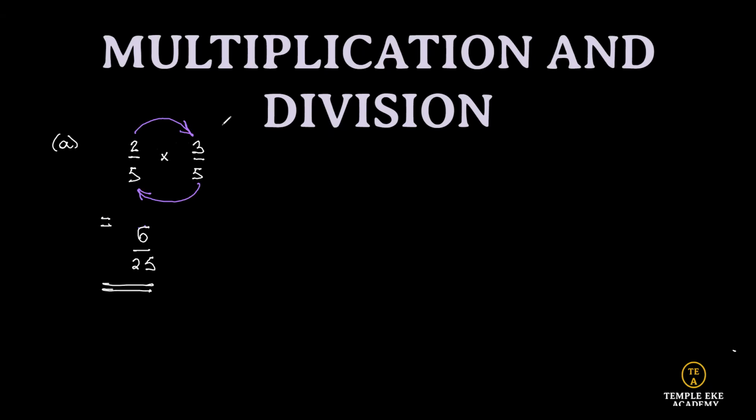Let us look at another example, B. The second example, we have 5 over 12 divided by 3 over 8. Beautiful. And now here comes the division sign. So we have to change division into multiplication and invert the fraction on the immediate right.